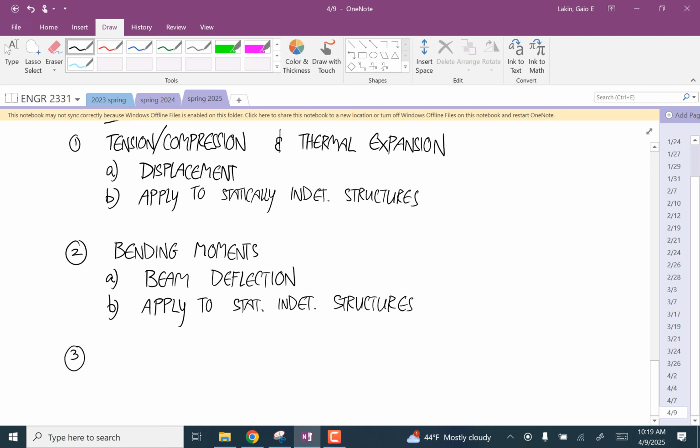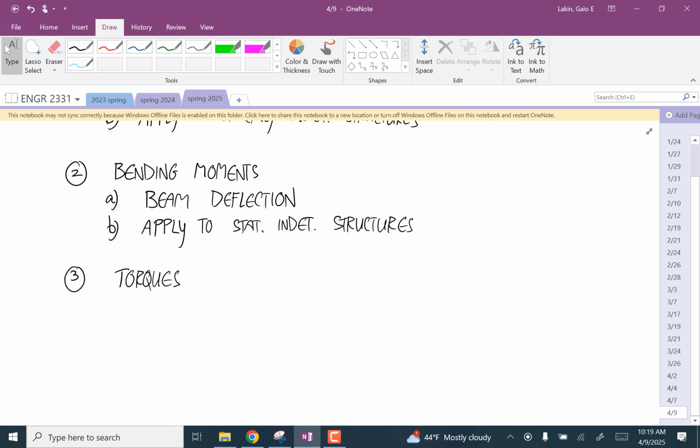And then the last one is torques. And again, we're going to start out by calculating the displacements, which is angle of twist, and then we're going to apply that to statically indeterminate structures.